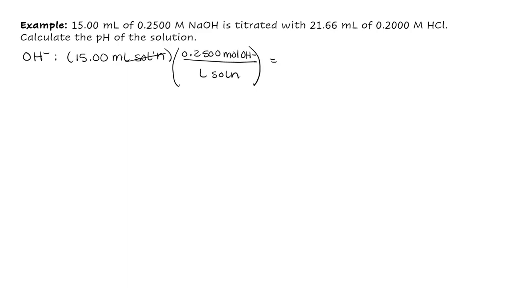Liters of solution will cancel. And checking our sig figs, we have 4 sig figs for the volume, 4 sig figs for the molarity, and so our final answer of millimoles will also be rounded to 4 sig figs.